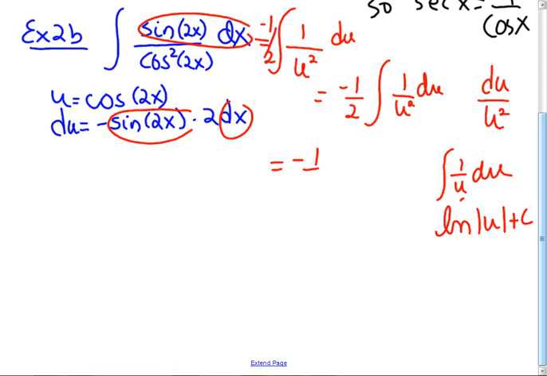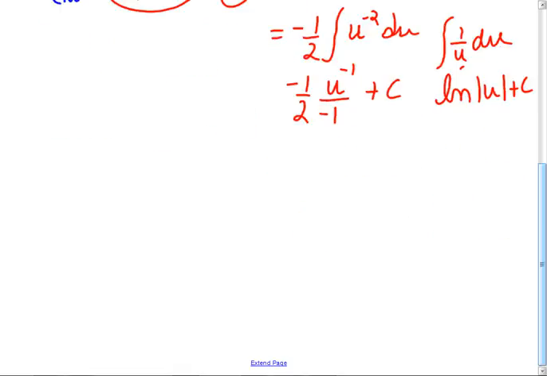So, this is the power rule. Power rule applies everywhere except when the exponent on u is 1. That's a 2. This is u to the negative 2. So what's this going to give me? What's the antiderivative of this? U to the what? Negative 1 over negative 1.